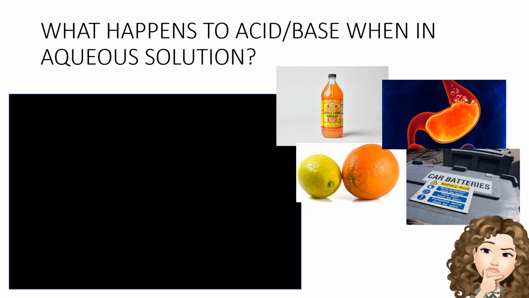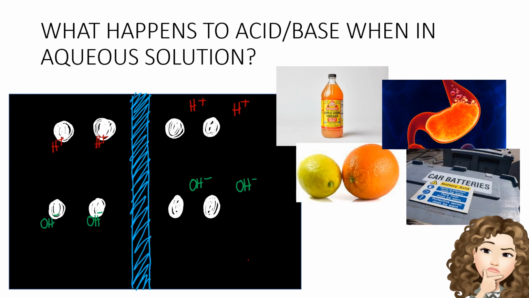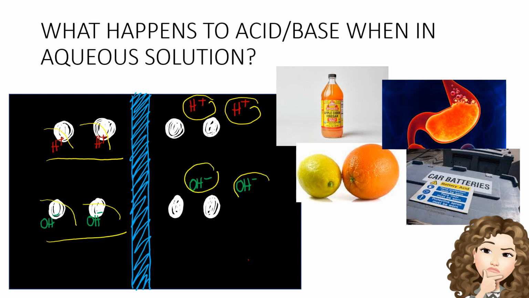What happens to acid or base when in contact with an aqueous solution? An acid here breaks apart and donates hydrogen ions, while our base here donates the hydroxide ions.